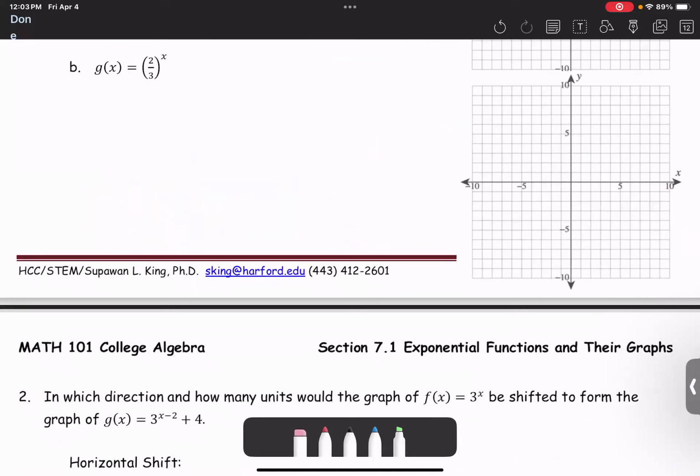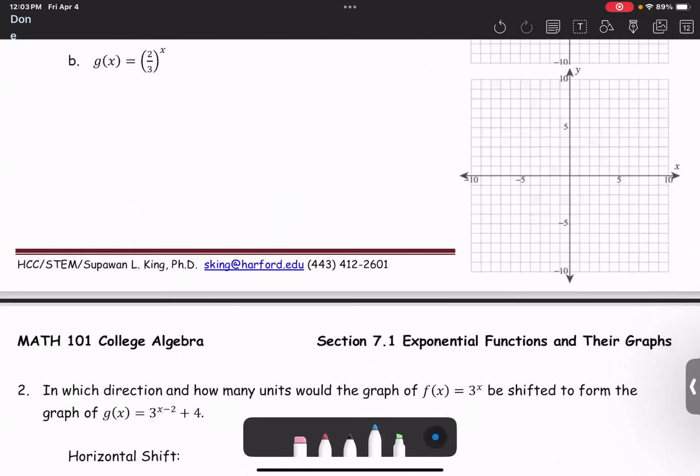All right, the next one, we have the base a equals 2 over 3, which is between 0 and 1. This we're gonna get the decreasing graph. Generate the t-table the same as before.